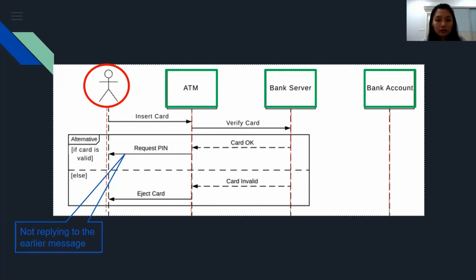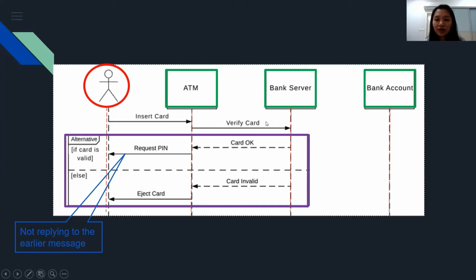Then in this case, we will see that when verifying the card, the card can be valid or invalid. So there are two cases in validity of the card, so we use the alternative frame. This is the alternative frame. We can see here, the first one will be if card is valid, but when card is invalid, we will use else.